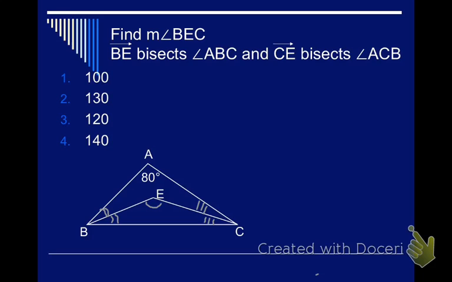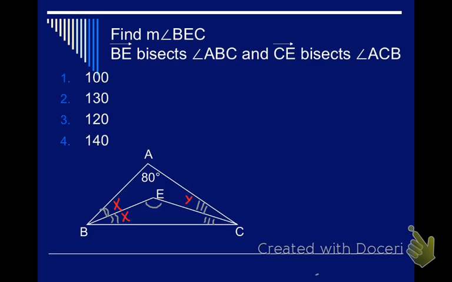So we'll call the unknown angle measurement x for these two.